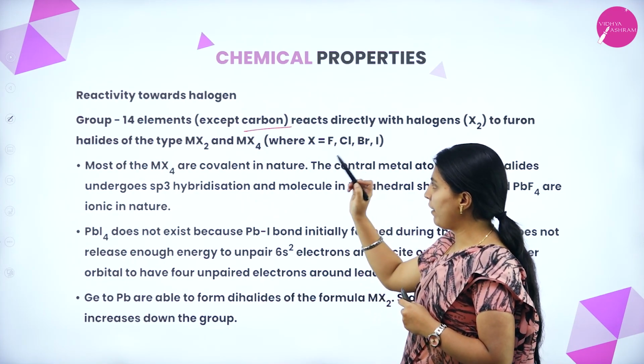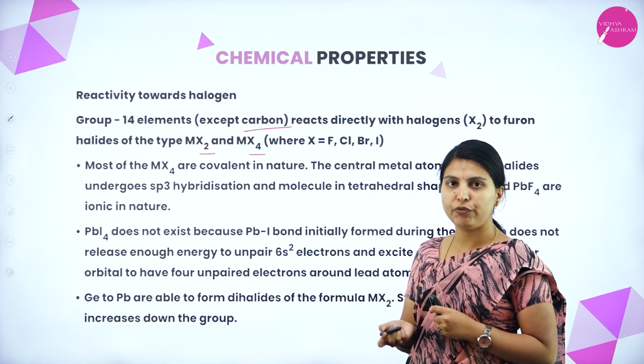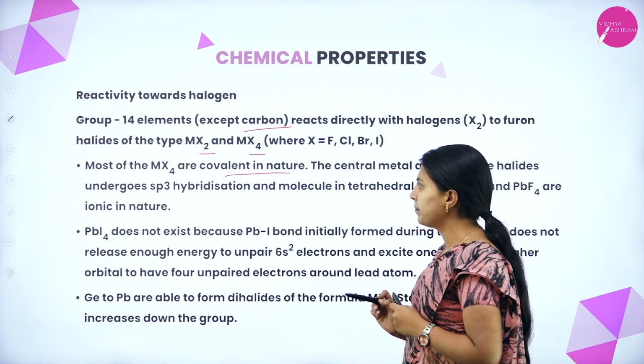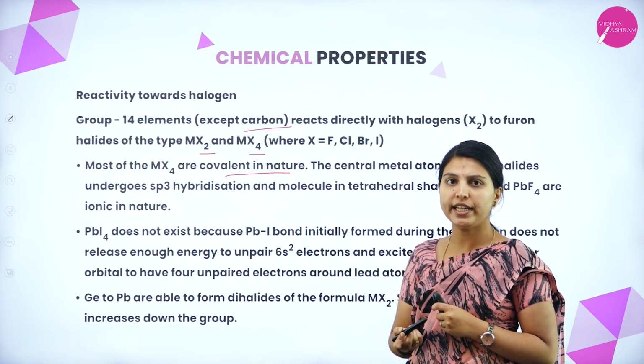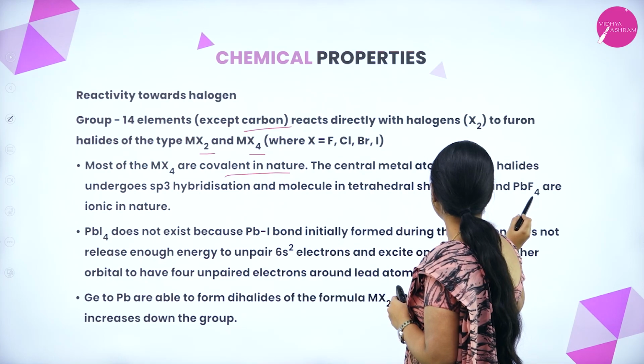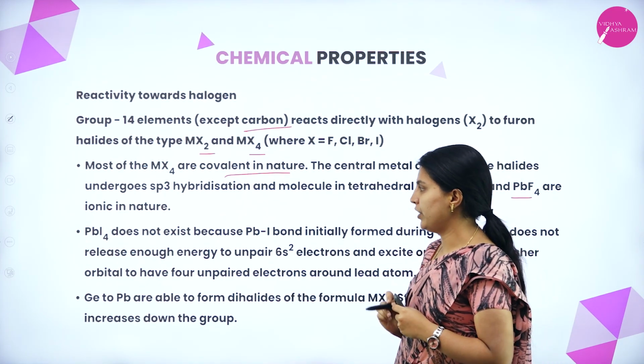Usually, as we have said, MX2 type and MX4 type halides will form. In that, MX4 will always be covalent in nature and undergo sp3 hybridization, but SnF4, that is tin fluoride, and lead fluoride will be ionic in nature.